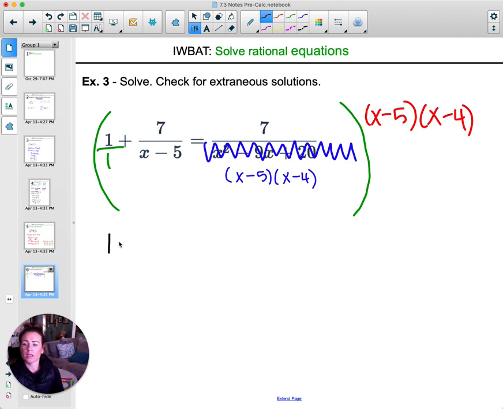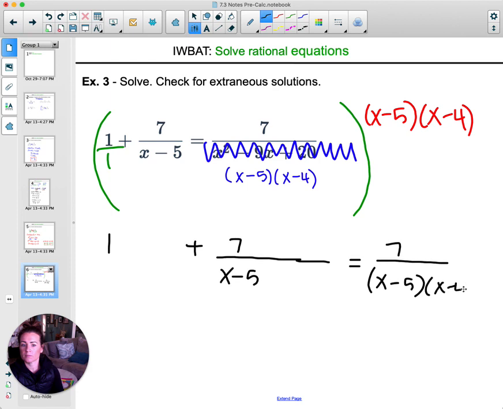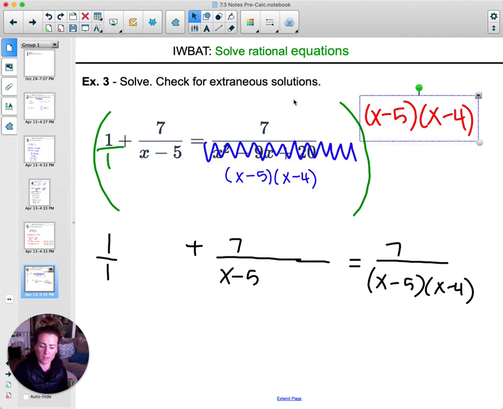So I'm going to, again, write down this original part first here. And then we want to multiply in this least common multiple. Okay, so we're going to multiply this into every term. So I'm just going to take it and copy it.